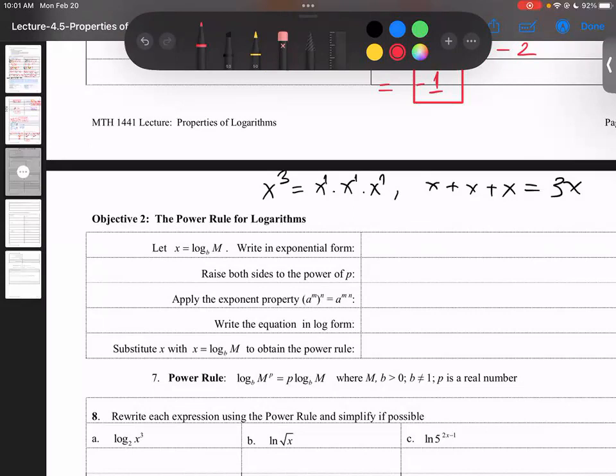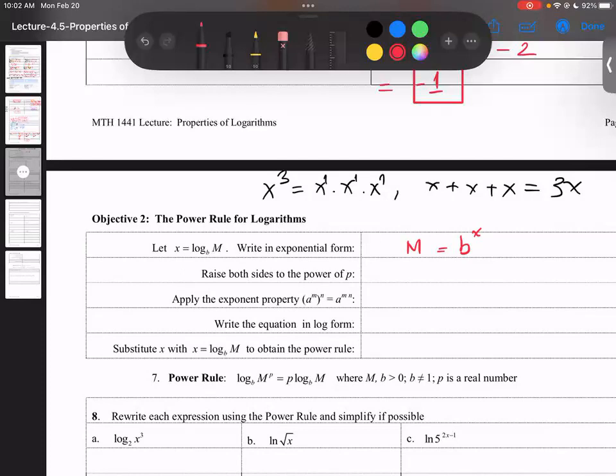Yes, b. b to the what power? x, right? Remember log equals exponents. Log base b of m equals x. I write it backward. Usually I don't, but in this case I do because we're constructing stuff.